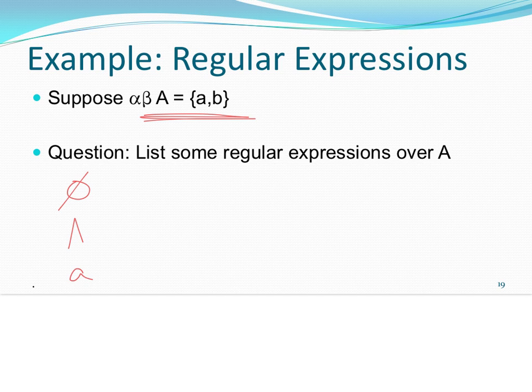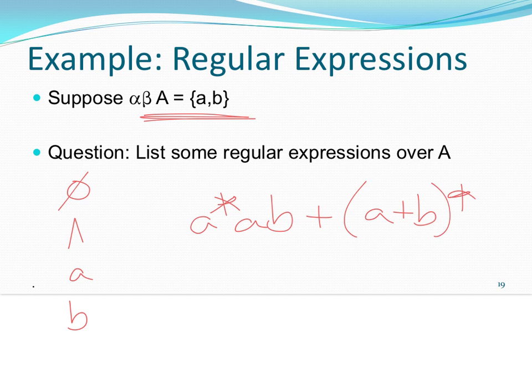A is a regular expression by itself. B is a regular expression by itself. And we can build up really complicated ones like A star, AB plus A plus B star, and so on. That's a regular expression. If you go back and look at the previous page, you'll see that I can build this up using my plus and my parentheses and my star and stuff.